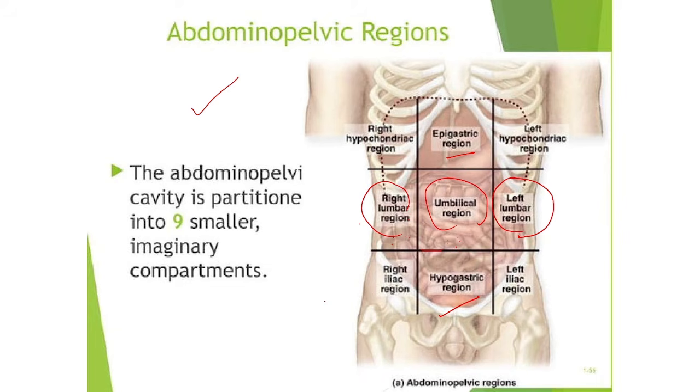In the hypogastric region, the right side is the right iliac region, the left side is the left iliac region. In the epigastric region also, the right side is the right hypochondriac region, the left side is the left hypochondriac region. These are the 9 partitions or 9 compartments of the abdominopelvic cavity.